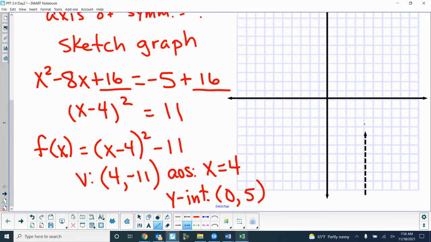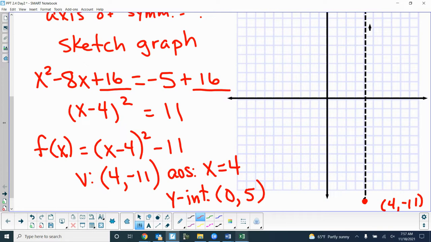So here's our axis of symmetry. Okay, our vertex is 4, -11. So this is -10, so my vertex, oops, I gotta go back to my, so down here at 4, -11 is my vertex.